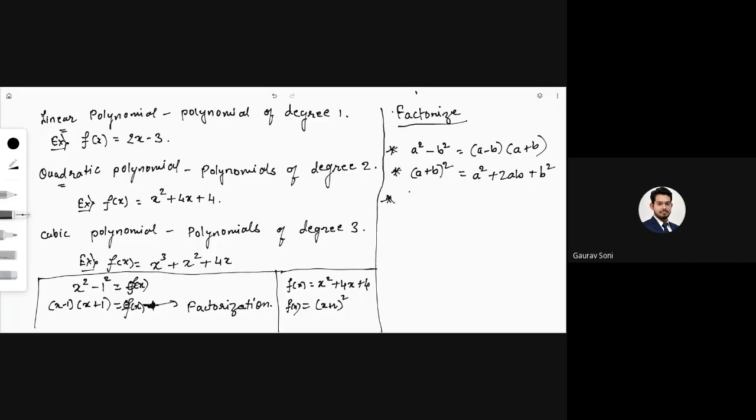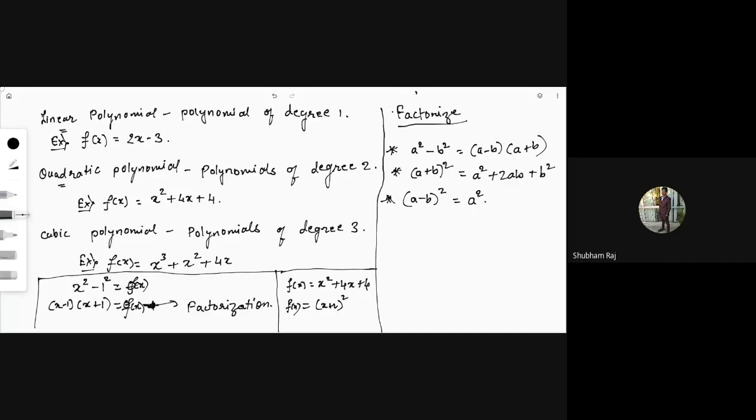The next one is a minus b square. Anyone know this? Yes, Shubham. A square plus b square minus 2ab.